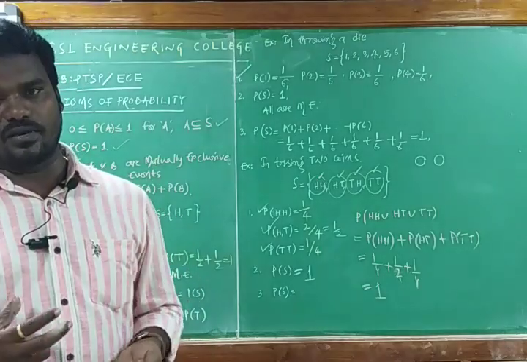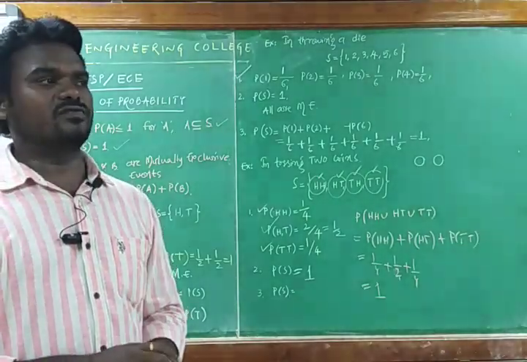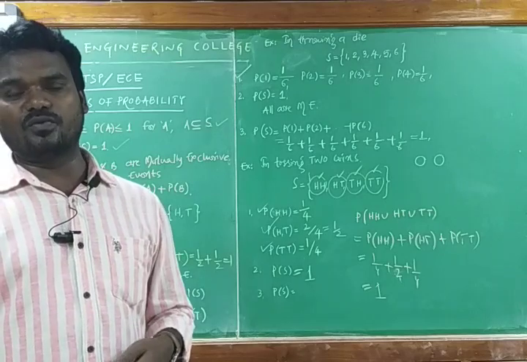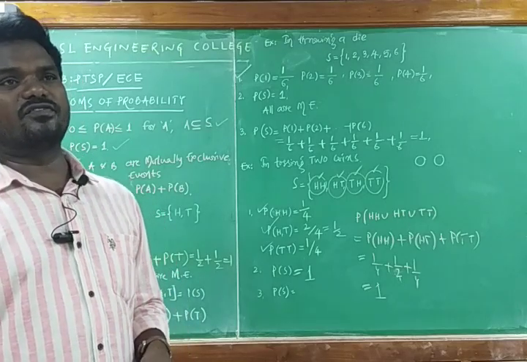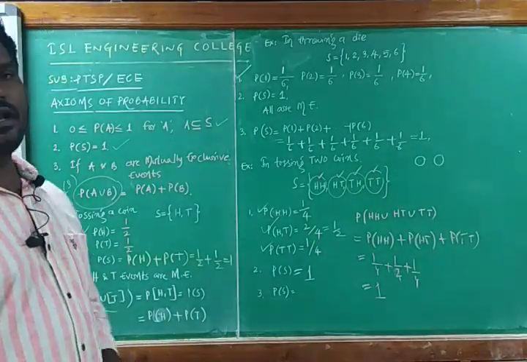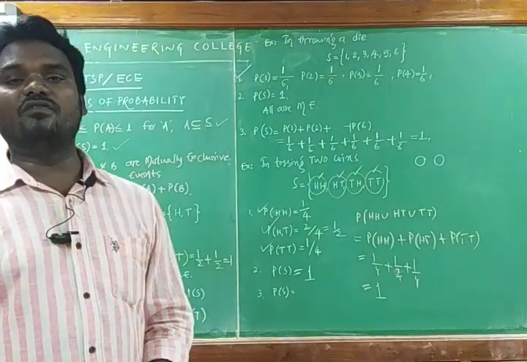In the coming class, we are going to solve problems and prove some theorems of probability based on these 3 axioms, which are very important from the examination point of view as well as in solving problems.